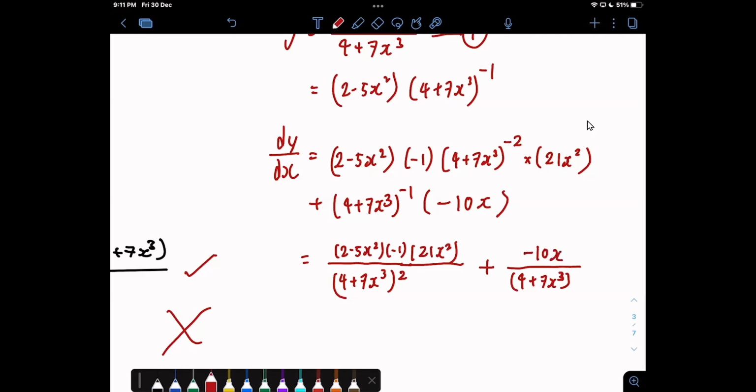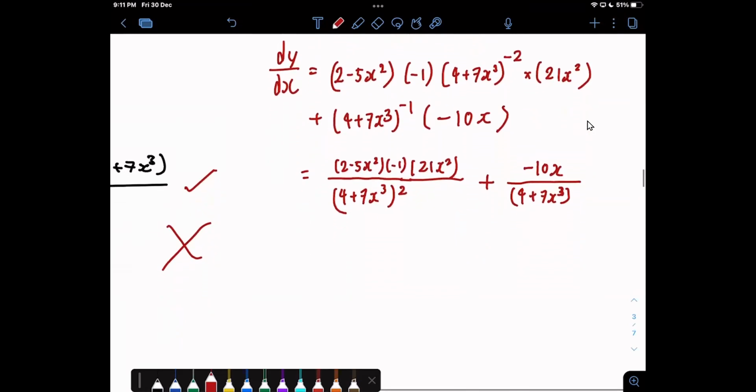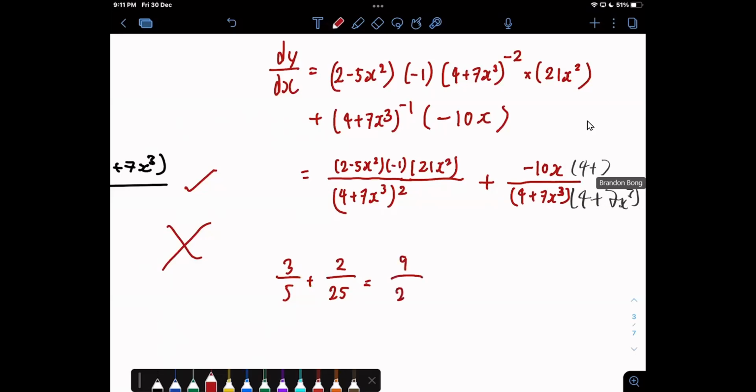How do you make the denominator the same? How do you add fractions again? Maybe I give a different example. If this is 2/3 plus 4/5, how would you add these two fractions? Would you square both sides so this becomes 3 squared, 9, then 5 squared, 25? Is that correct?